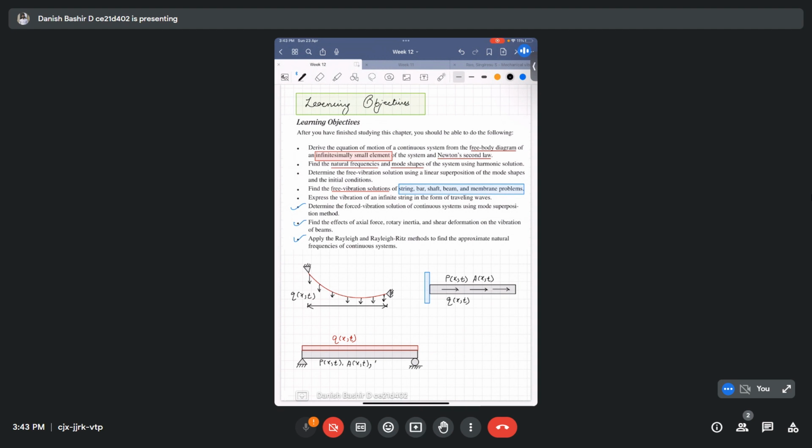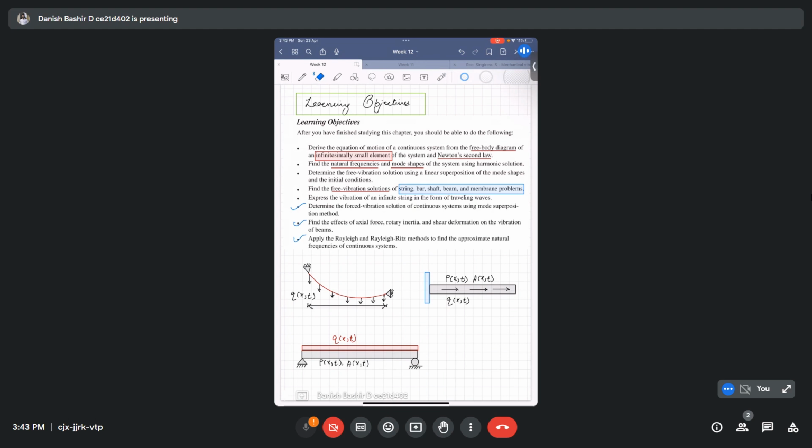So this is also a type of continuous system.